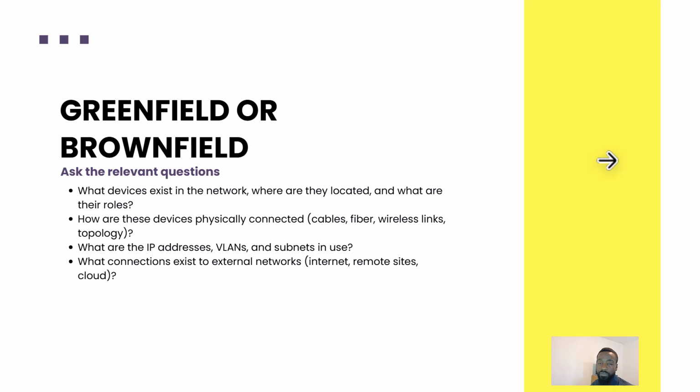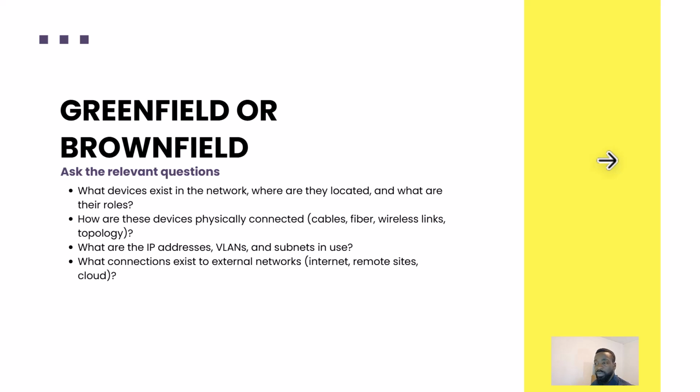Next one is, how are these devices physically connected, right? Are they connected by copper cable? Are they connected by fiber? Are they wirelessly connected? How are these devices connected? Are you having a site to site? Are you having a leased line, a VPN tunnel over the internet? How are devices connected, right? Next one is, what are the IP addresses that exist? What are the VLANs? What are the subnets in use?